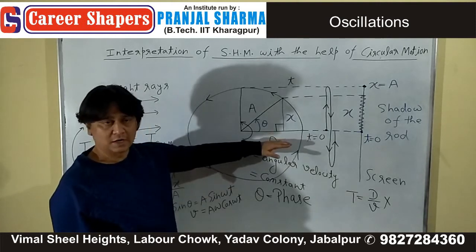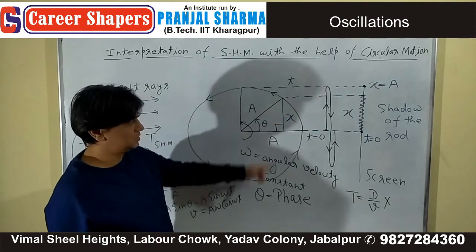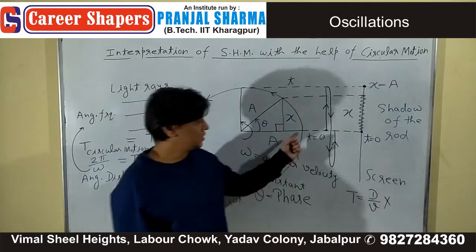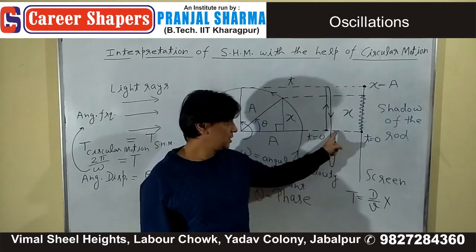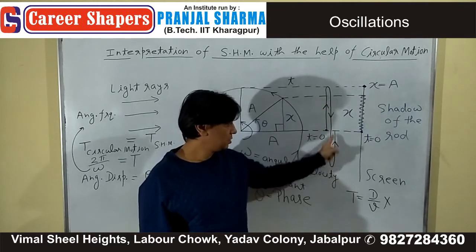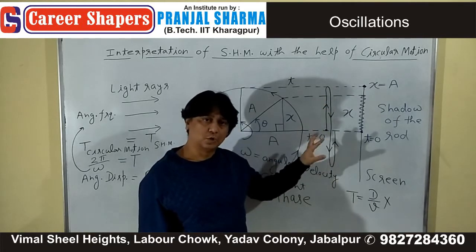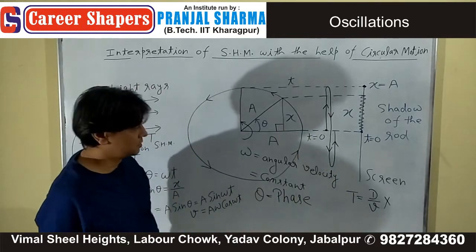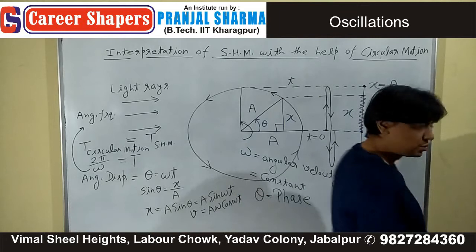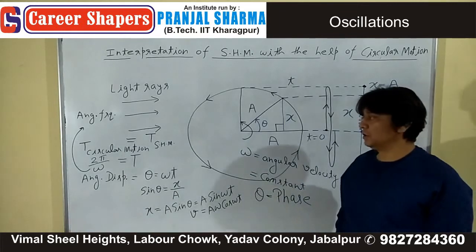And when the rod completes a full circle, the tip of the shadow also completes one full oscillation.